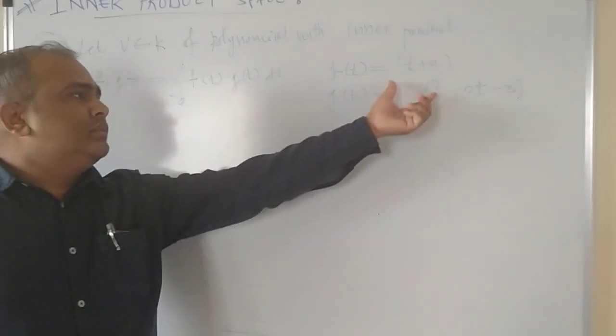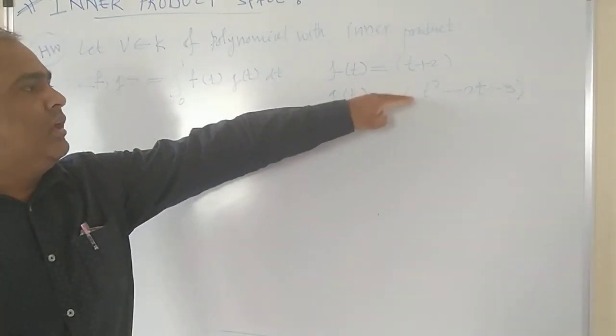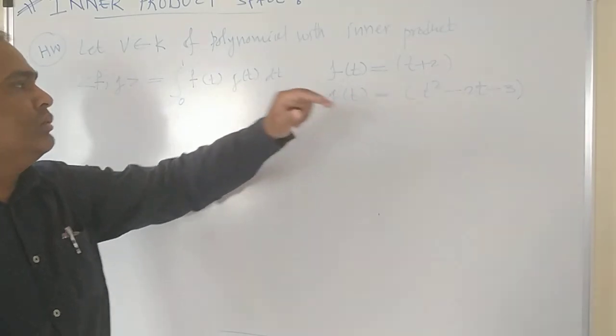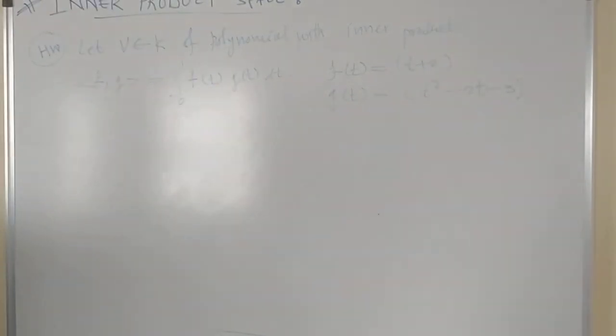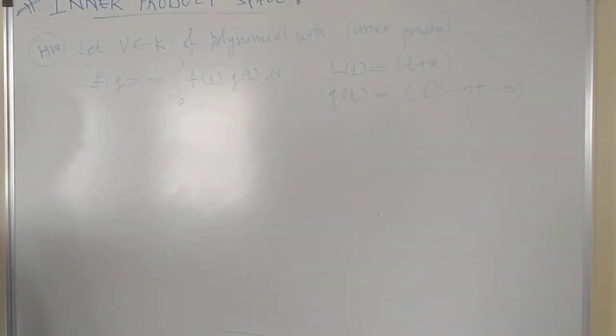While taking the inner product of these two polynomials, you just multiply both inside the integral, and then solve the integral with the given limits. That will give you the answer of the inner product.